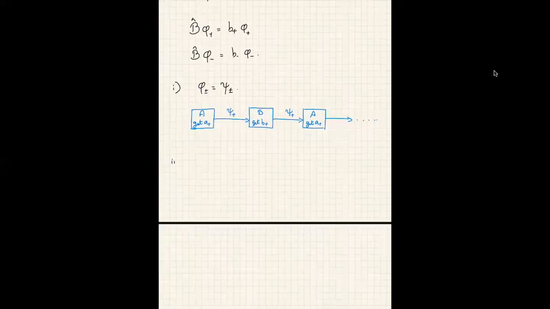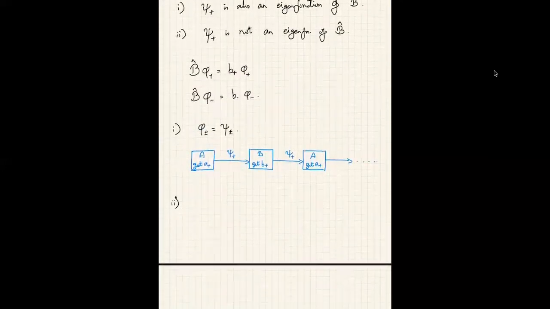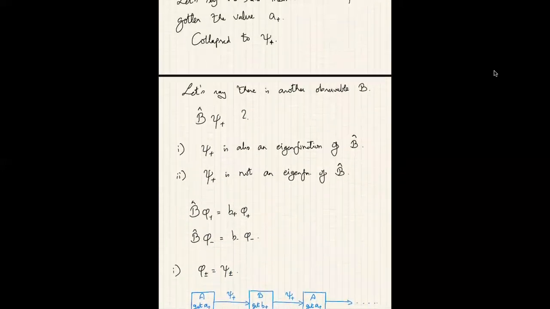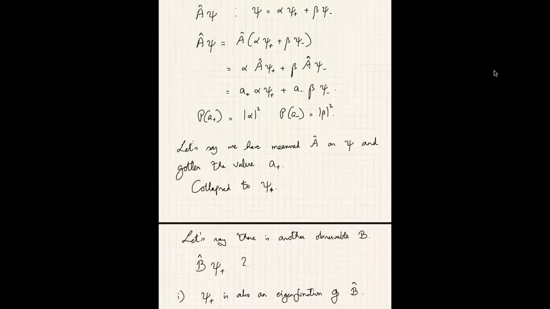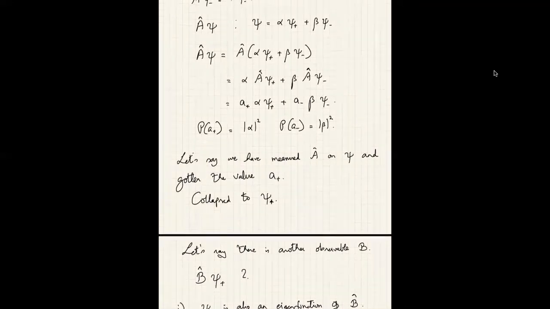Okay. Now what happens if psi plus is not an eigenfunction of B? Well, then we have to go ahead and do this exact same calculation again, exactly like this and like this. How will I do this? Well, again, I will write psi plus as some linear combination, alpha tilde phi plus plus beta tilde phi minus.